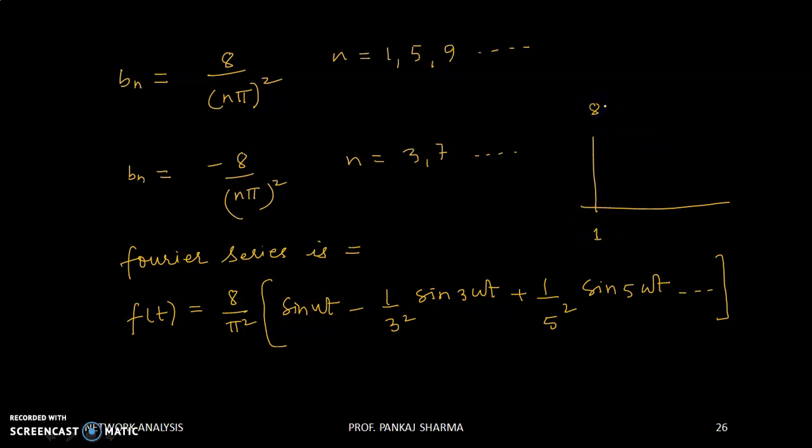It is 8 upon pi square, it is 8 upon 3 pi square, this is 4, this is 5 and this is your n.